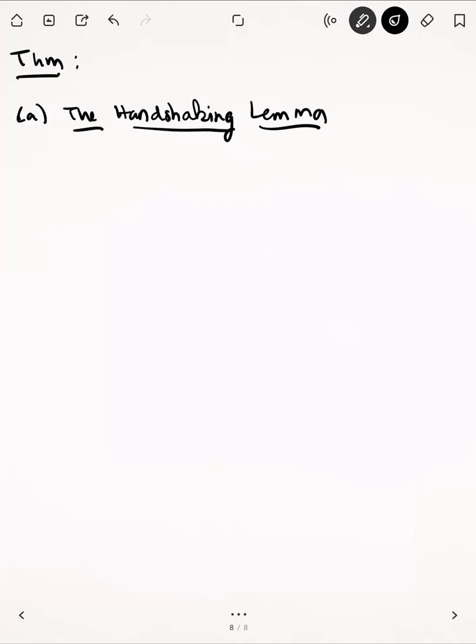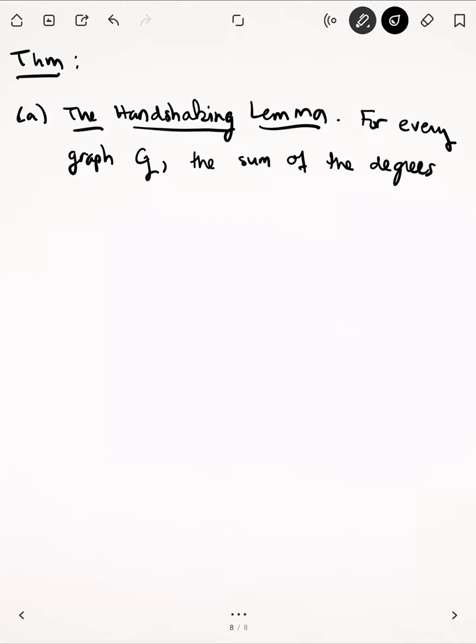The handshaking lemma. For every graph G, the sum of the degrees is even.